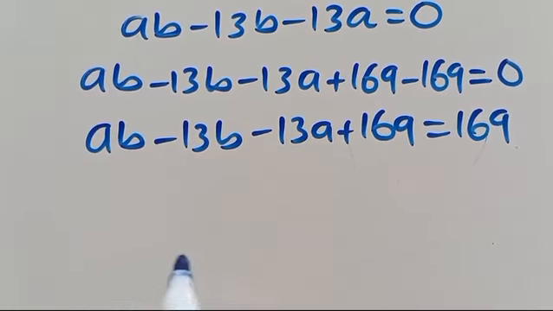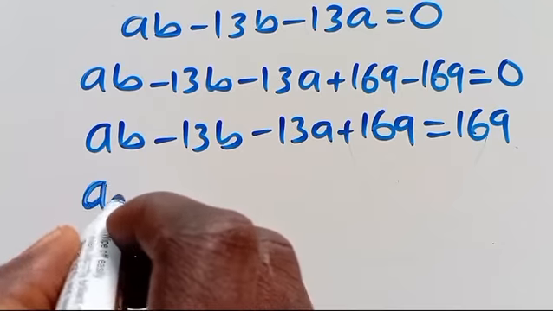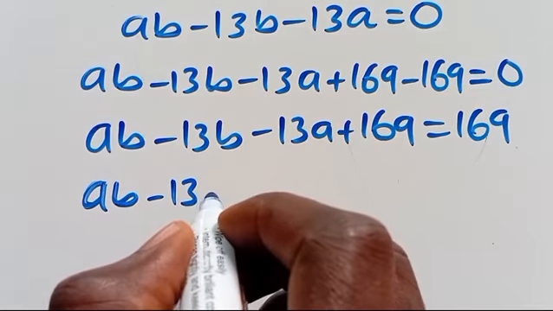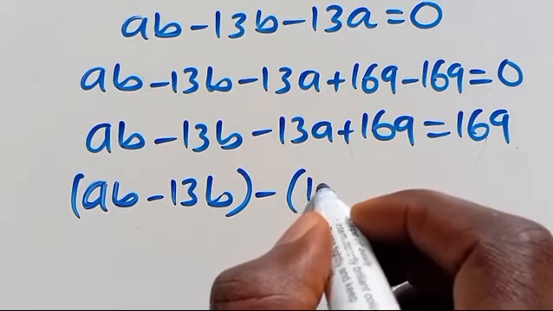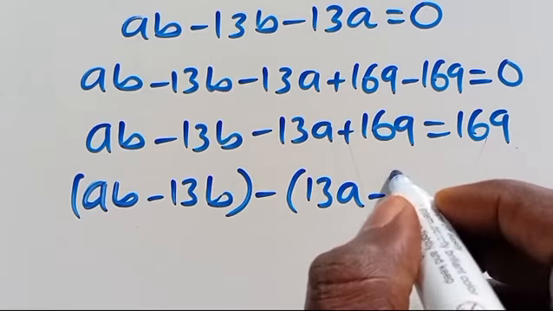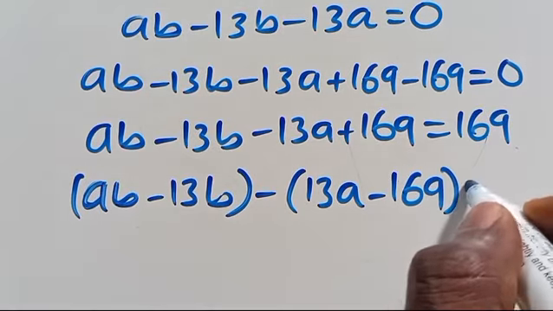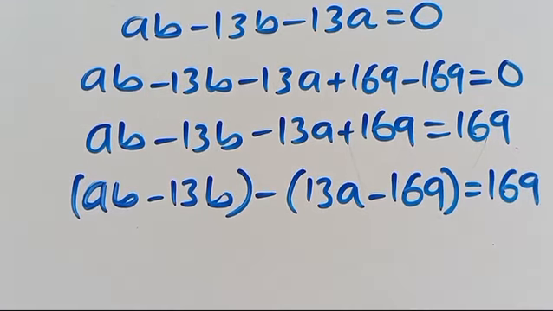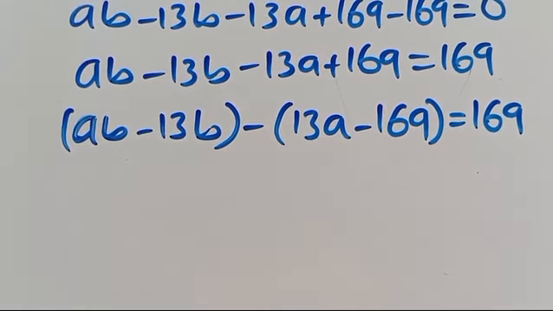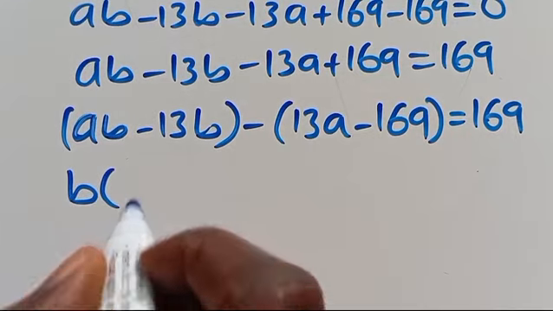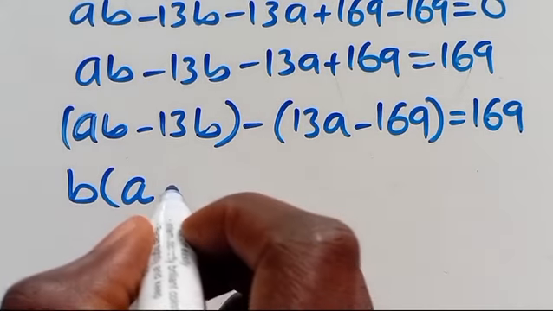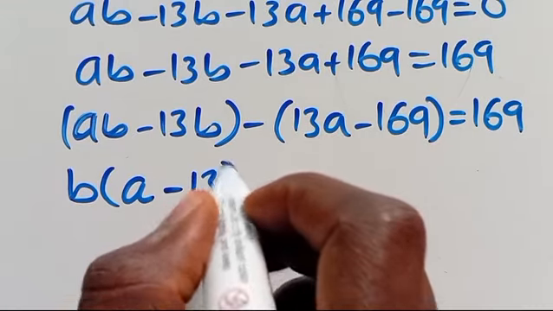Then let's regroup this as ab minus 13b minus 13a plus 169 equals 169. What is common between these is b, here will be a minus 13.